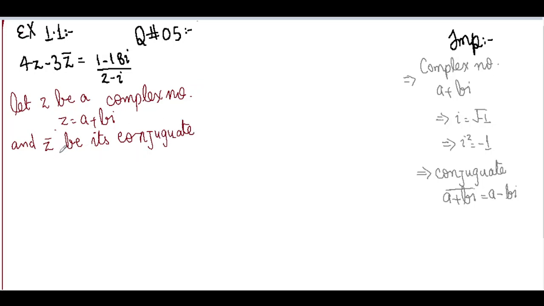So the conjugate would be equal to, if z is equal to a plus b iota, now we'll change the sign of the imaginary part of this complex number, so it will become a minus b iota.